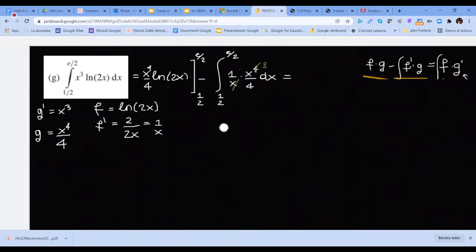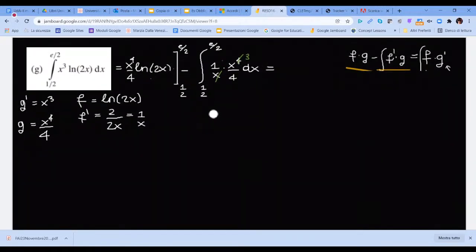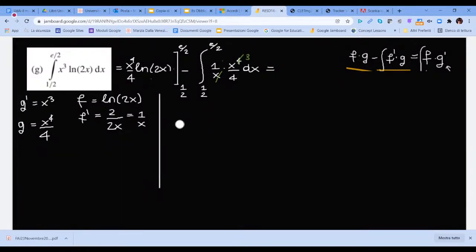So let's write equals. We should compute already this primitive in e half minus the same function in 1/2.